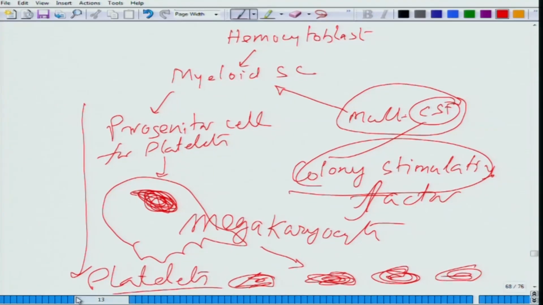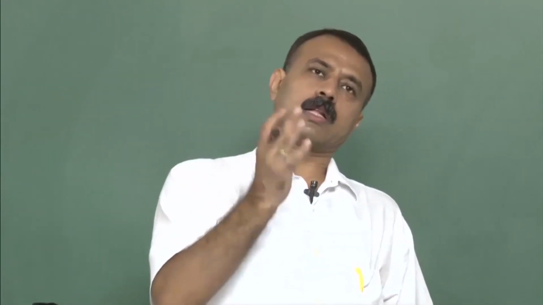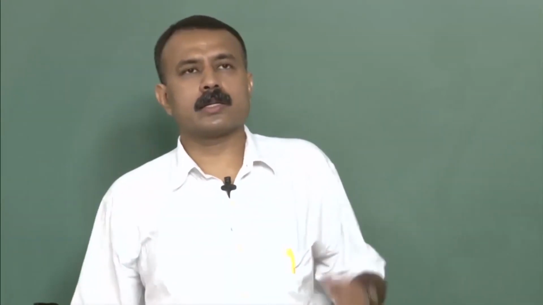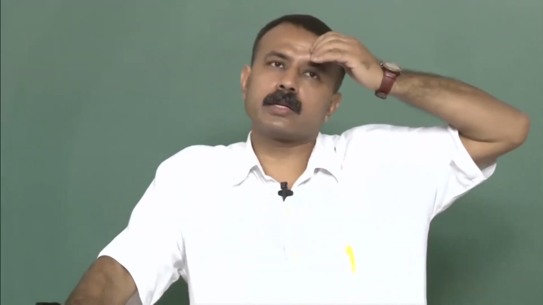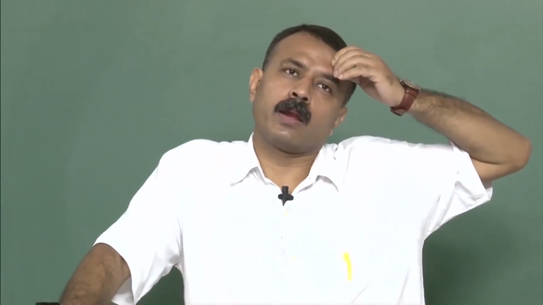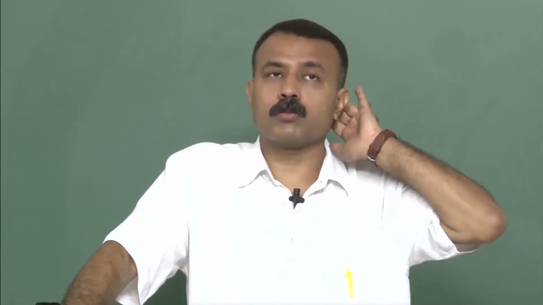So, this is the second route, by the stimulation of the myeloid stem cells by colony stimulating factor. Megakaryocytes start fragmenting. As I told you, platelets are fragments of a bigger cell. They do not have any nucleus, at least in the mammalian system. In non-mammalian thrombocytes they do indeed have one, but that is a totally different mechanism, and we are not going to discuss it here.